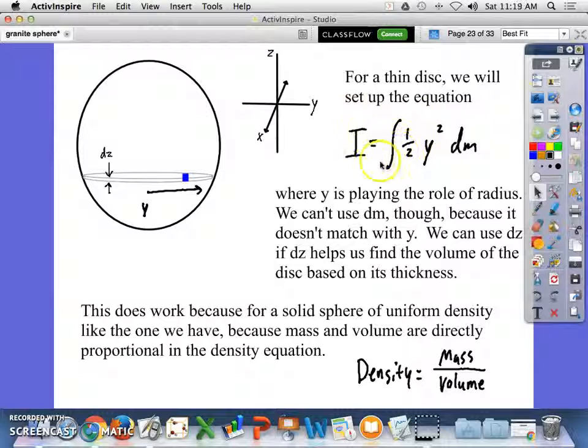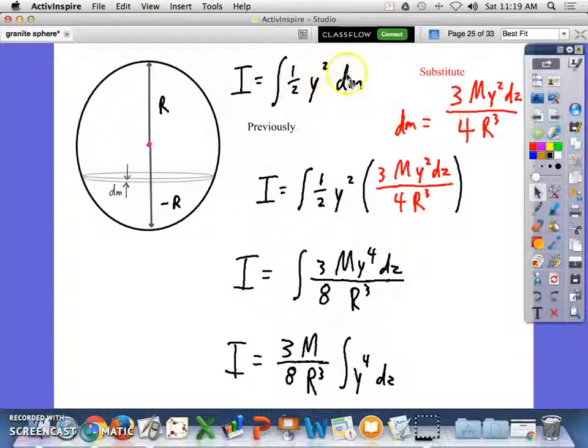Now going back here, let's go back to our original equation, I equals the integral of 1/2 y squared dm. Here it is. I'm going to put this substitution in for dm because that dm isn't going to get us very far. So I is now the integral of all of this mess. And this is going to get worse and worse before it starts to get better.